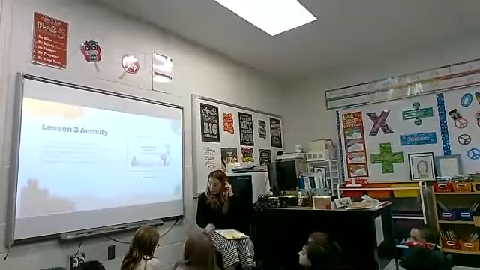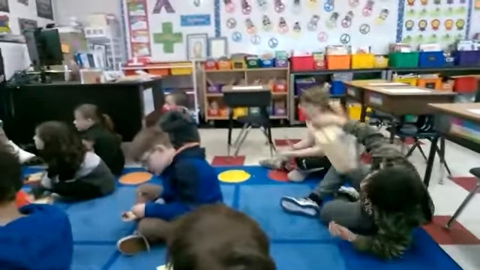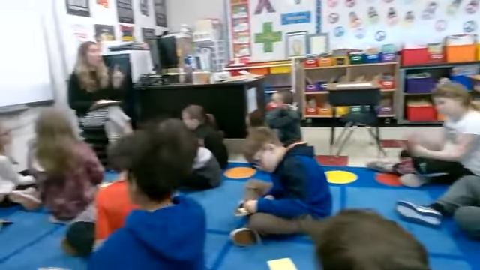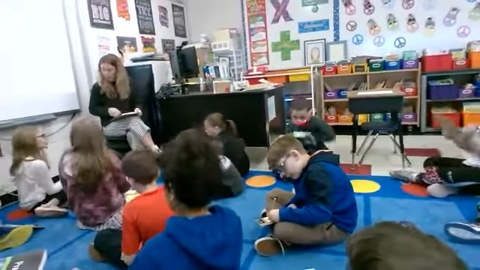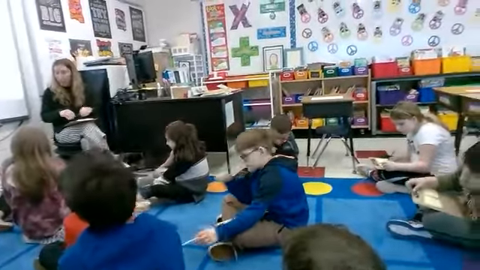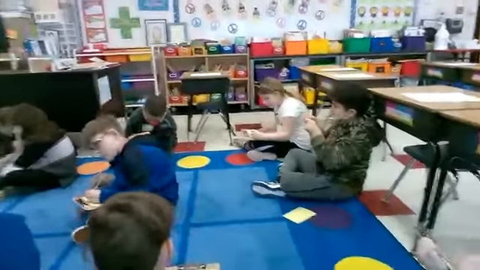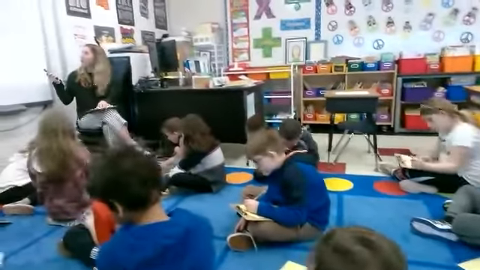So, on one of your Post-it notes, please write a similarity between a rural community and an urban community. Just one, okay, on your Post-it note. What's a similarity? Just think about it. On your other Post-it note, write a difference. One difference, okay, between them.